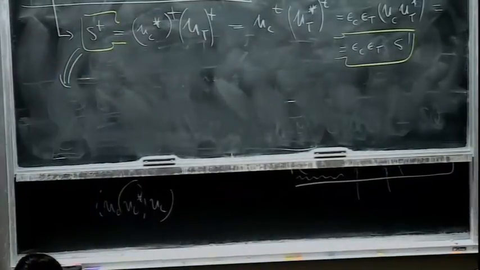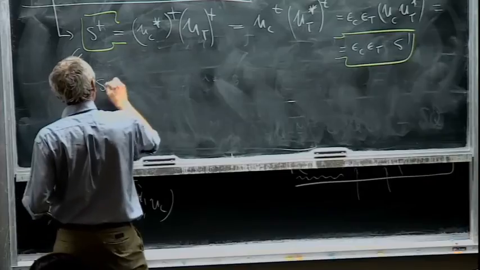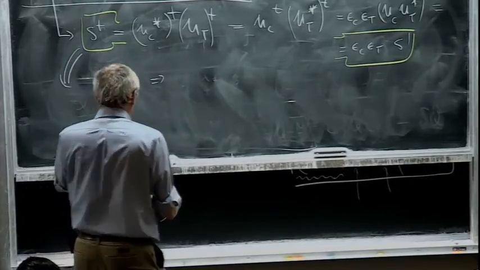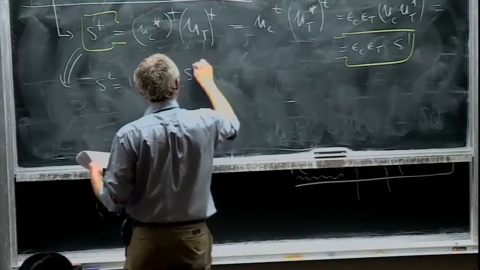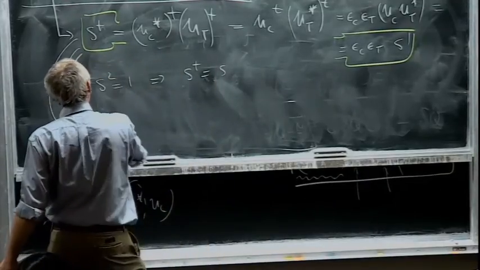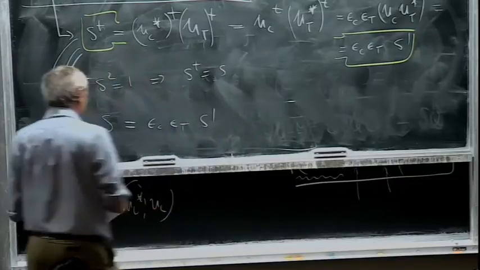But now we know from the conventions, which I erased, that S squares to 1. Therefore, S dagger is S, and so we learn that S is epsilon C, epsilon T, S primed.